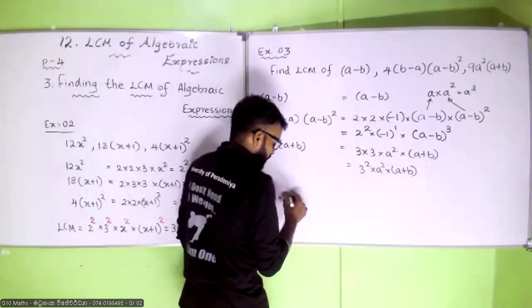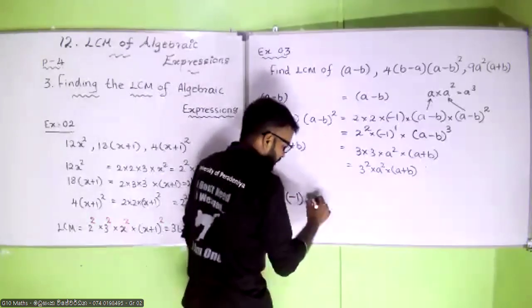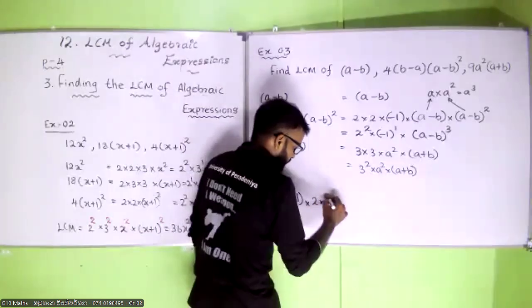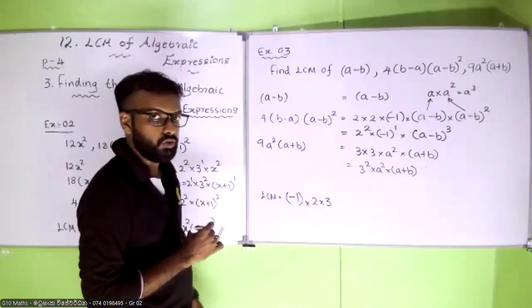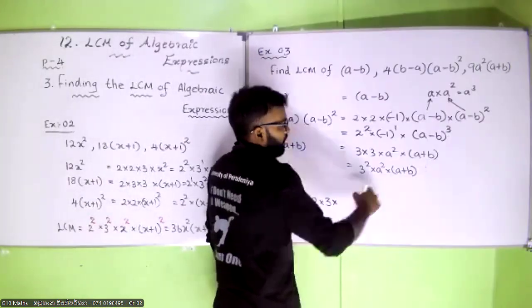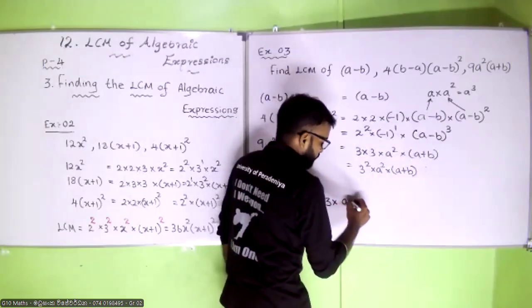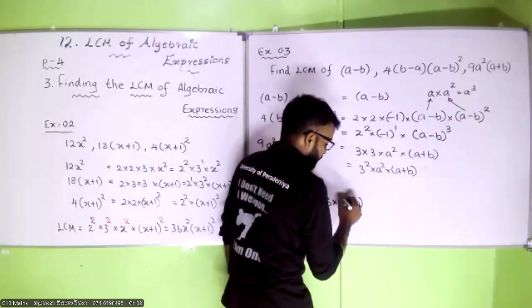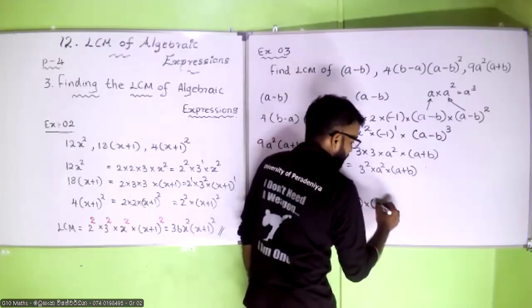So I will write minus 1 first. Minus 1 we have as a factor, and 2 as a factor, and 3 as a factor also. Then A minus B, we have A minus B as a different factor. And we have A plus B as a different factor as well.